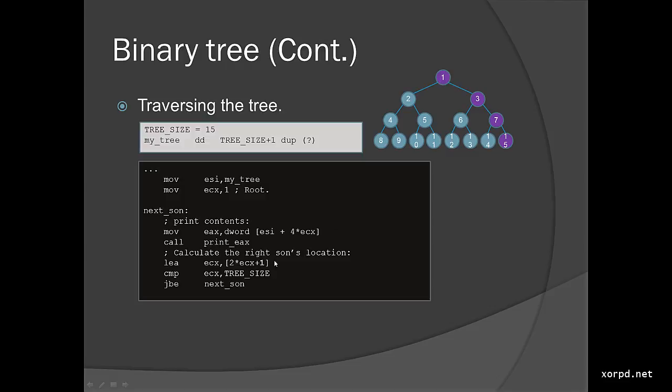Instead of finding out the left son's location, now I find out the right son's location, which means that I'm going to print 1, 3, 7, and 15 to the console. I think it is pretty cool that you can make such a small modification and get such a different result. It also shows the power of the LEA instruction, which allows you to just add 1 with the bracket syntax.